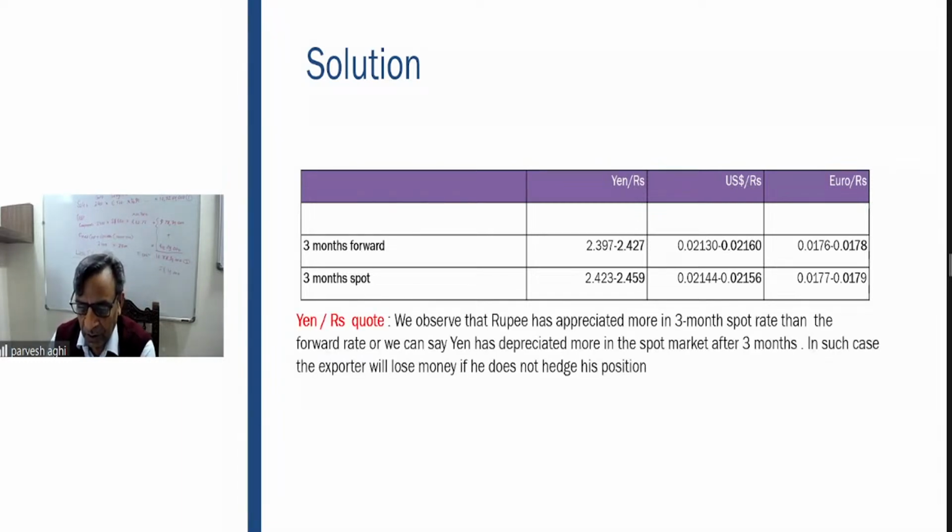So look at the yen rupee quote. We observe that the rupee has appreciated more in the 3 months spot rate than the forward rate, or we can say the yen has depreciated more in the spot rate after 3 months. It's one and the same thing. If the rupee has appreciated, that means the yen has depreciated because the quotes are in rupee. In such a case, the exporter will lose money if he does not hedge his position.